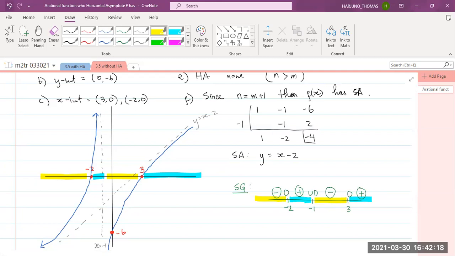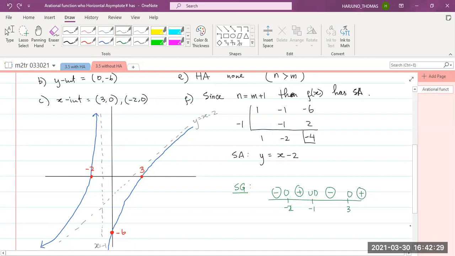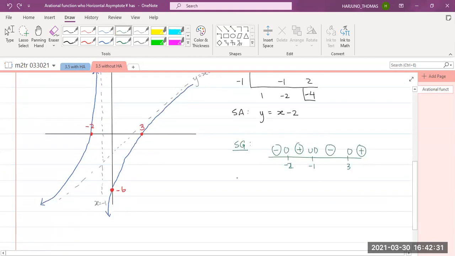Now, the new stuff: how do we know then whether the graph is above or below the slant asymptote? But we did that work before.